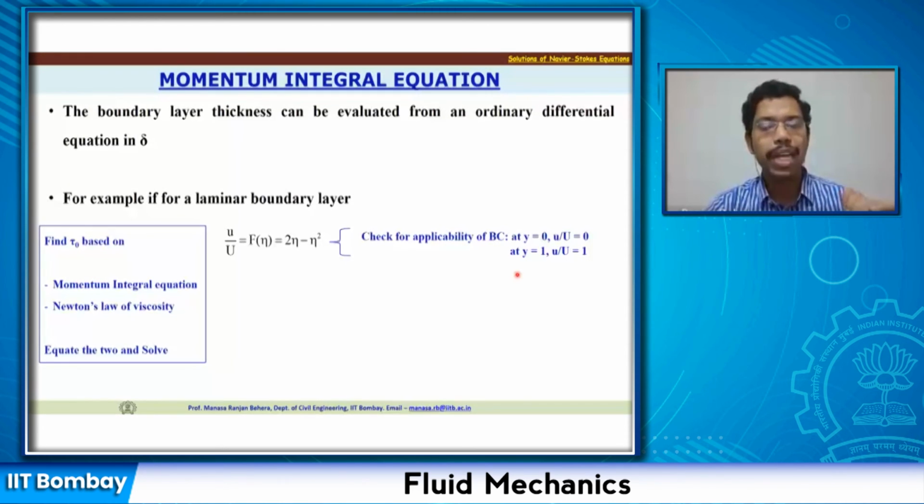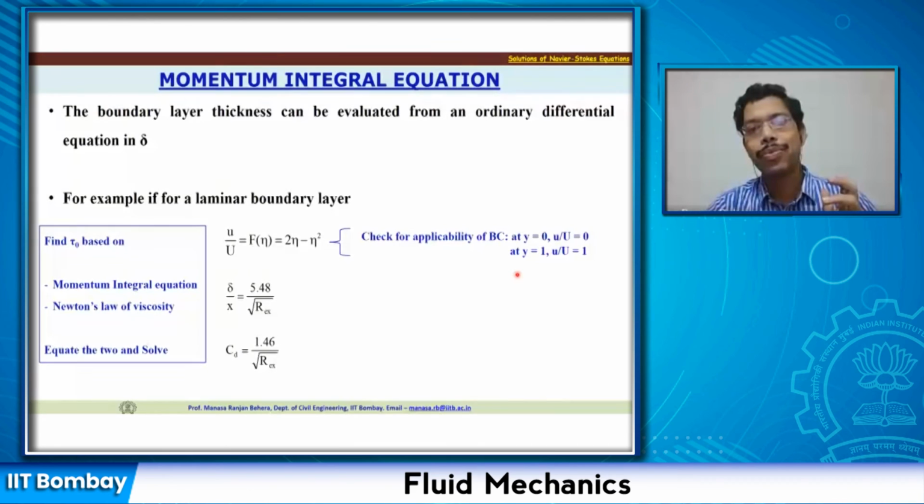By solving like this, the expression that was arrived at is delta by x equals 5.48 divided by square root Rex, and the CD value, that's the drag coefficient, was obtained as 1.46 divided by square root Rex. Okay, the CD value you can obtain once you find out the drag. You know the drag force equals half CD rho A V square, and using that you can find out the value of CD.